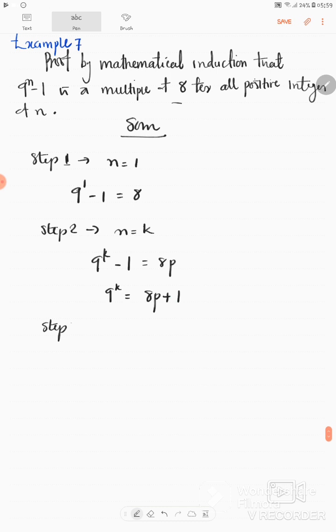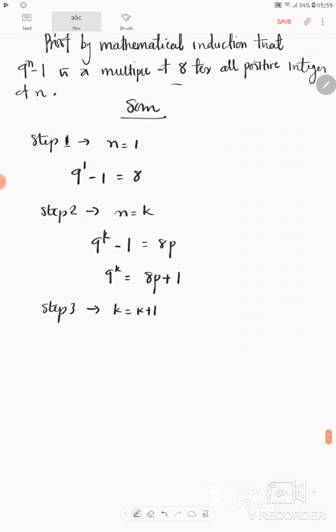Now step 3, that is n equals k plus 1. You know, when you see k, put k plus 1. Now let's go. We have what? 9 raised to power n minus 1 from the question. Now let's change the n to k plus 1.